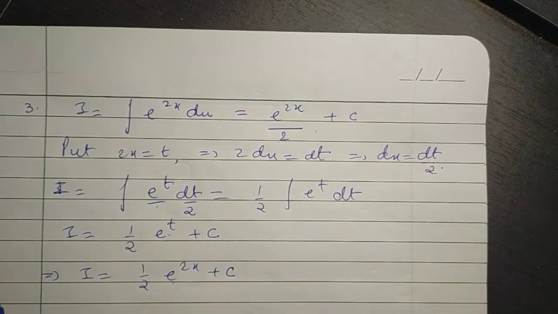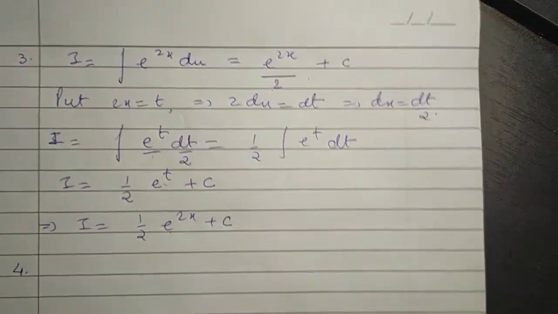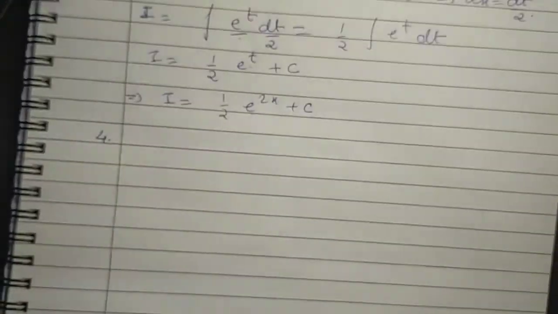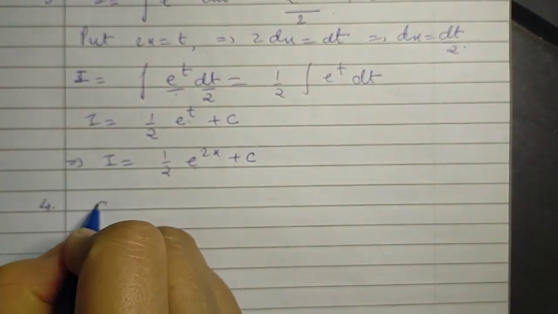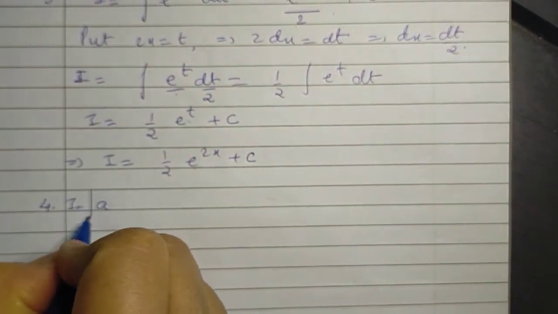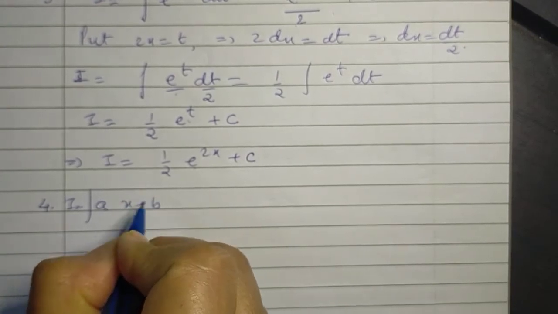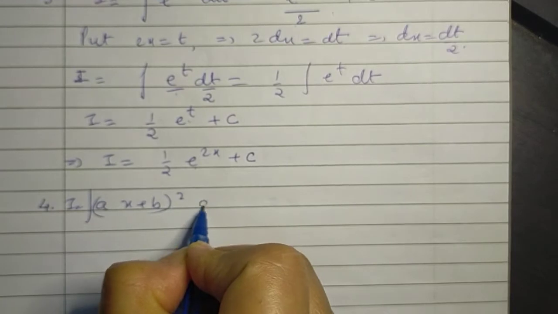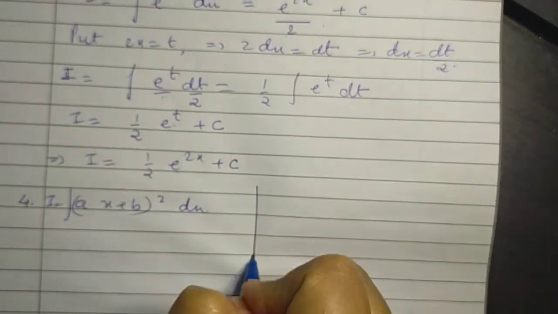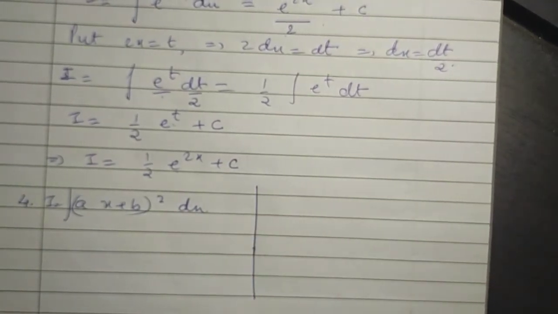Okay, now question number 4. It gives us I is equal to integral of ax plus b whole square into dx. First of all, let's take up a more general question.